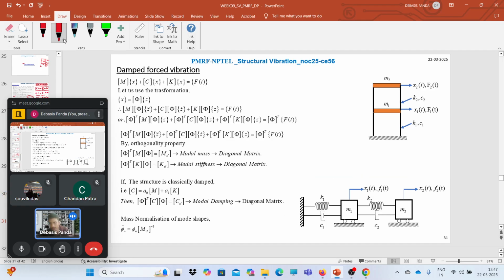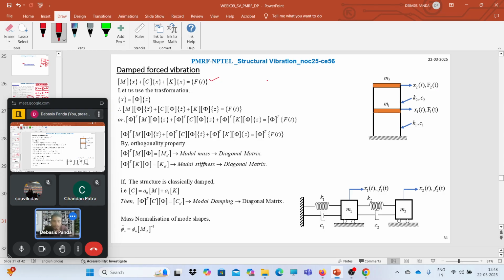First, this is the equation of motion. Here, I have considered, say, a 2 degree of freedom system. So here, at each degree an external load is applied, F1(t) and F2(t). At degree of freedom x1, the load is F1(t), and at degree of freedom x2, the load is F2(t).